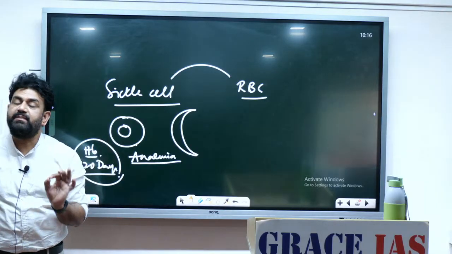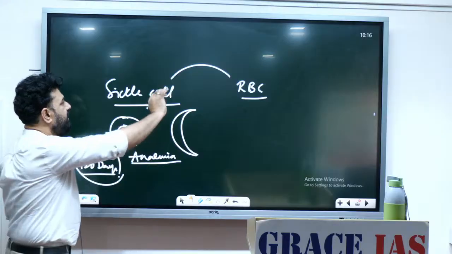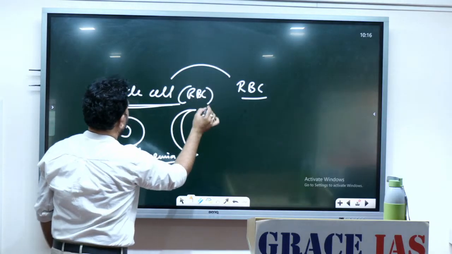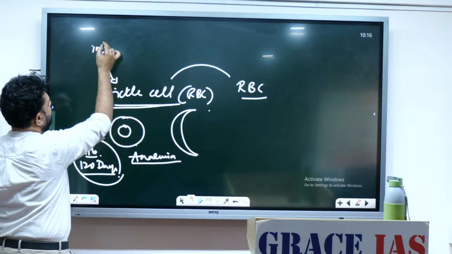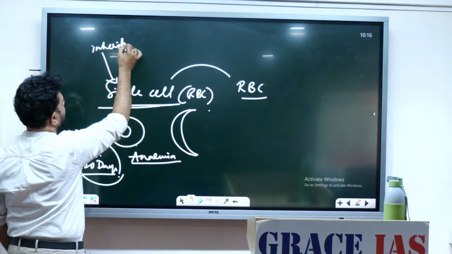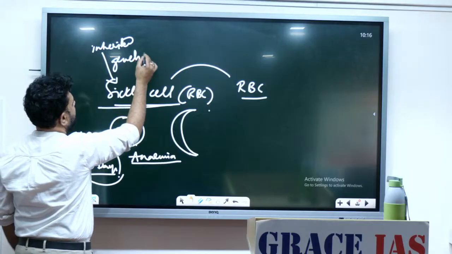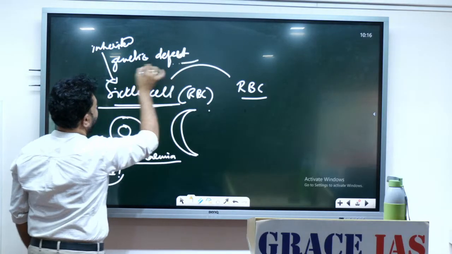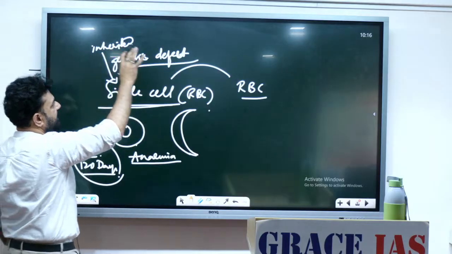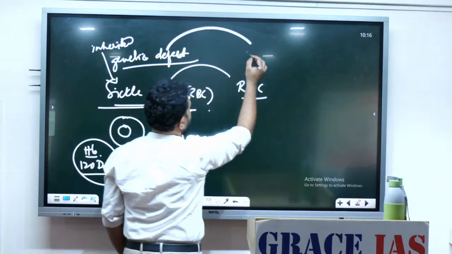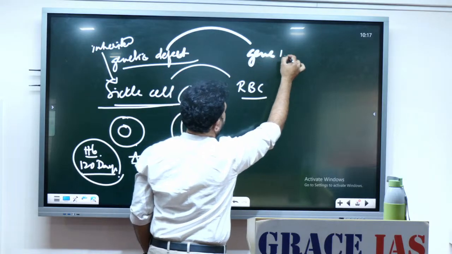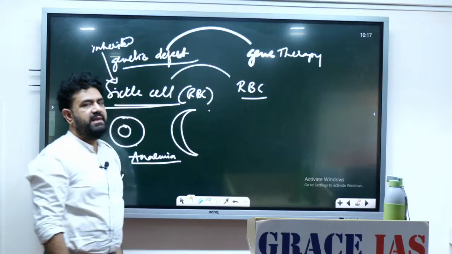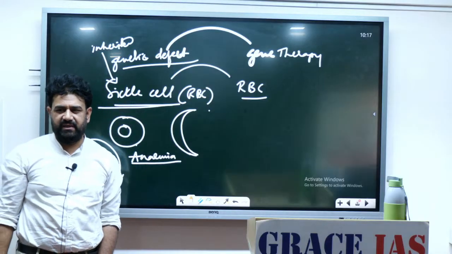Defective RBC production in the bone marrow. So, sickle shaped RBC is an inherited defect, a genetic defect, and which can be treated using gene therapy. Genetic defect, we can try, yes.